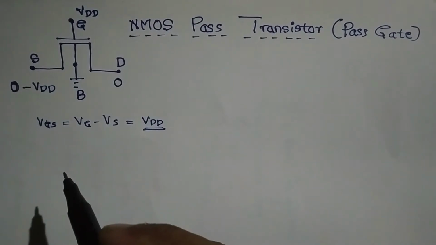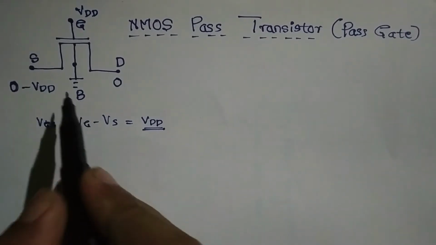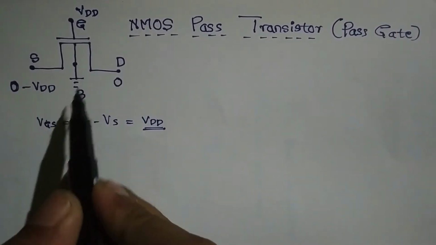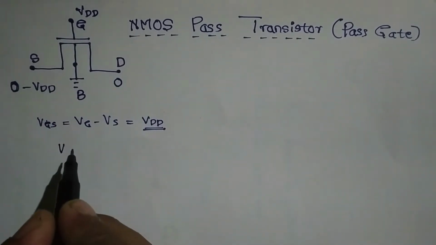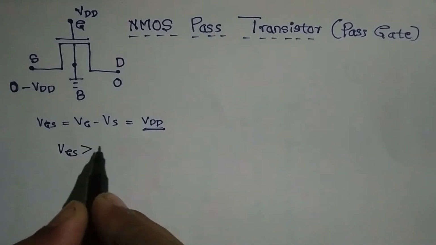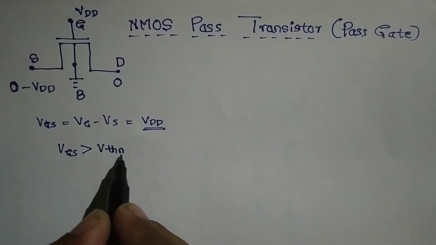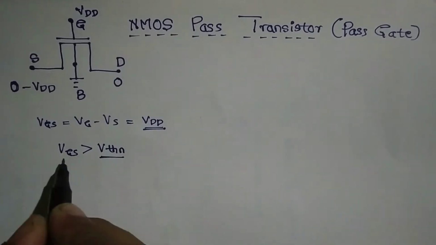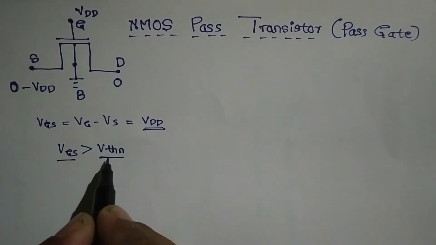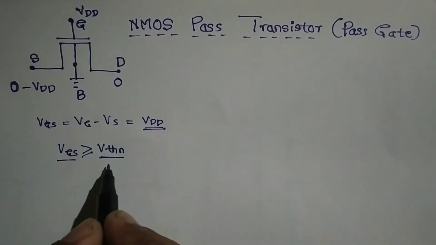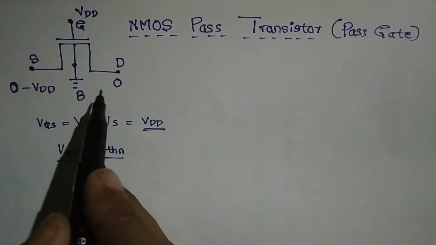What must be remembered is the condition for turning on this NMOS, which is that VGS must be greater than VTH, VTHN I can call it. This is the threshold voltage of the NMOS. So VGS must be greater than or equal to VTHN in order to turn on this transistor.